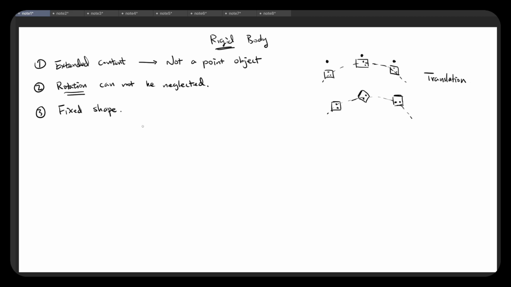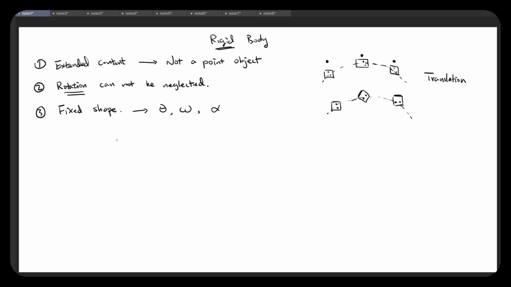When we describe an object's rotation, we need some physical quantities: angles, theta, to represent rotation, angular velocity omega to represent its angular velocity, and also angular acceleration alpha. Now all these quantities can only be defined if the object has a fixed shape, meaning you cannot deform it by compression.